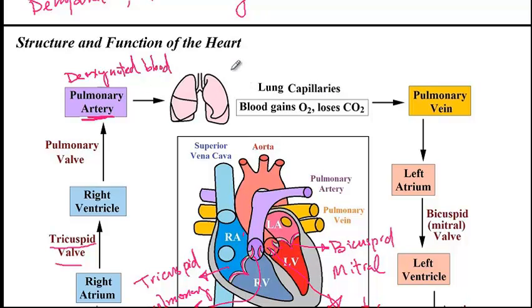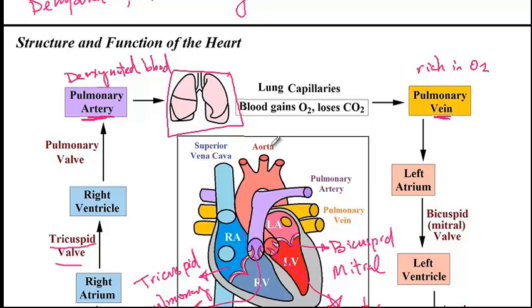And so deoxygenated blood will reach the lungs, they will gain oxygen and lose CO2. Now this blood will return to the heart via the pulmonary vein. Again, any vessel that returns blood to the heart is called a vein. But pulmonary vein, since it's coming from the lungs, is rich in O2, or in other words, this is carrying oxygenated blood.